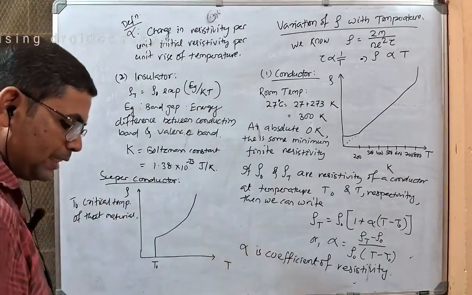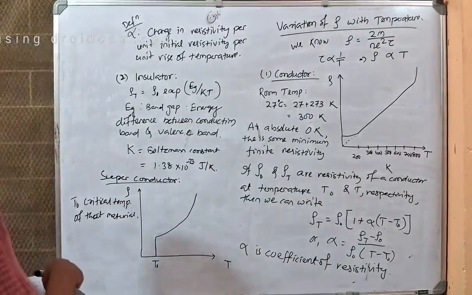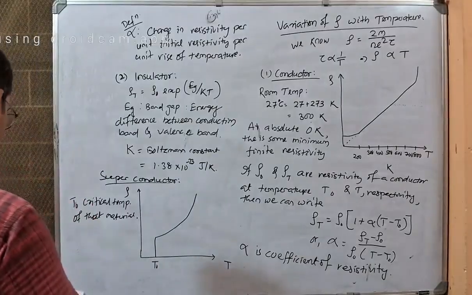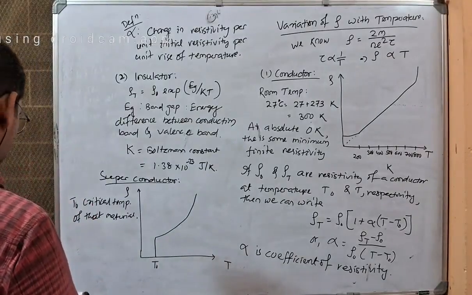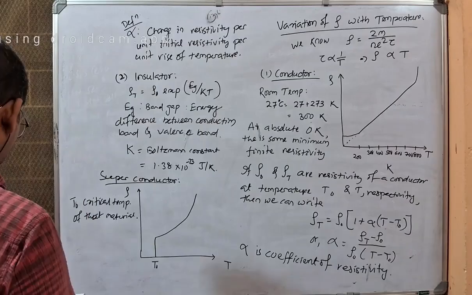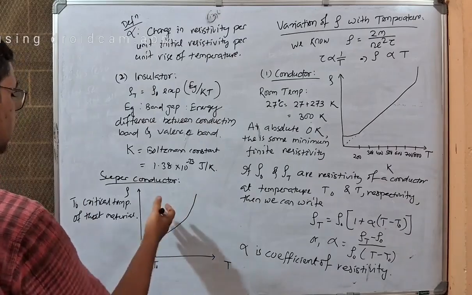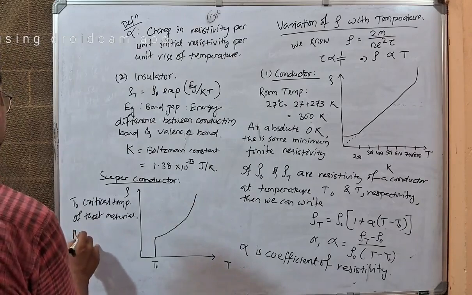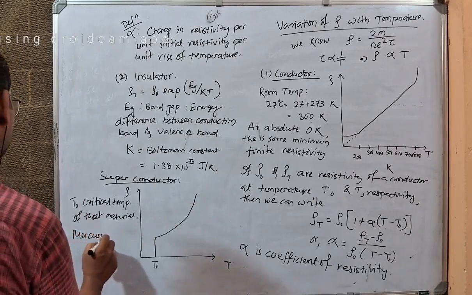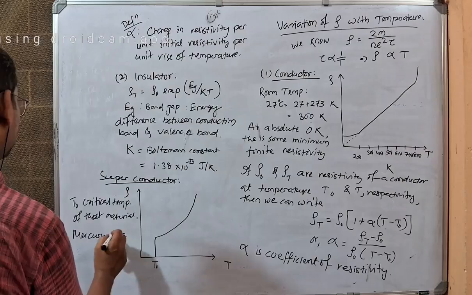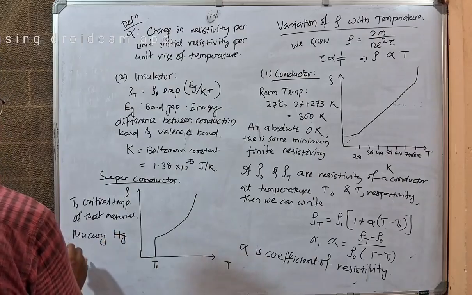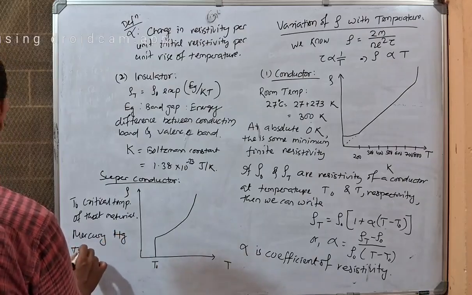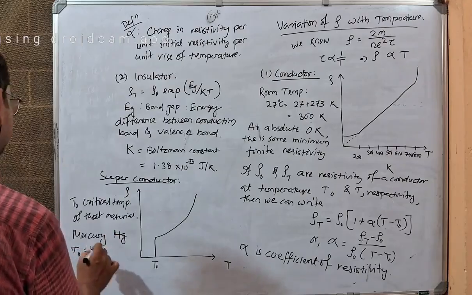A specific example is mercury. This property was first observed for mercury. Its symbol is Hg, and its critical temperature is 4 Kelvin.